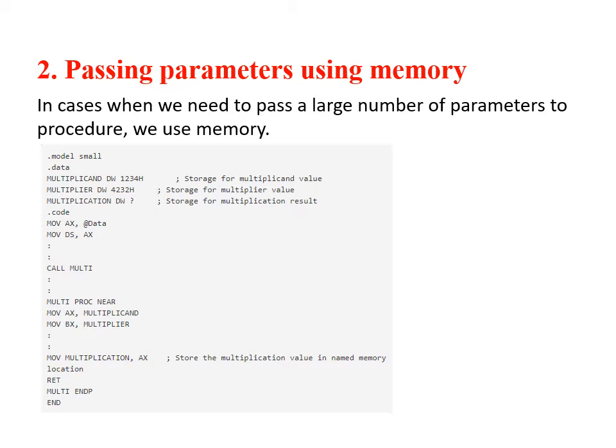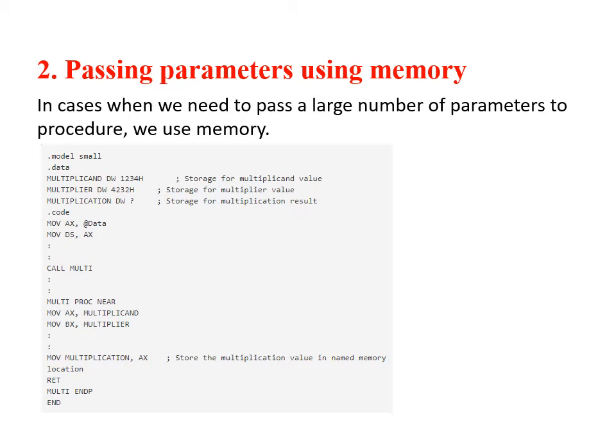Whenever we write multiplicand dw 1234h after .data, it allocates a memory space identified by the name multiplicand, and it has allocated 2 bytes to store a word data called 1234H. So multiplicand is nothing but a name for a particular memory location.